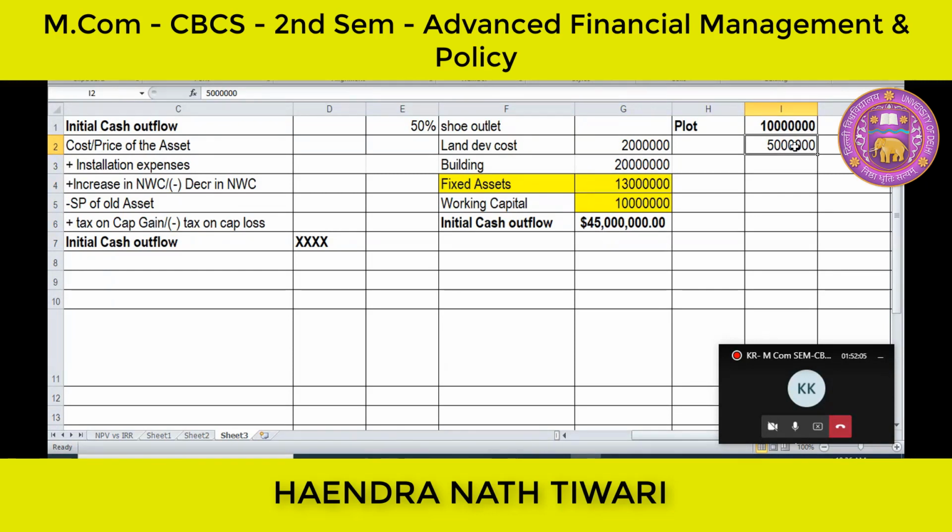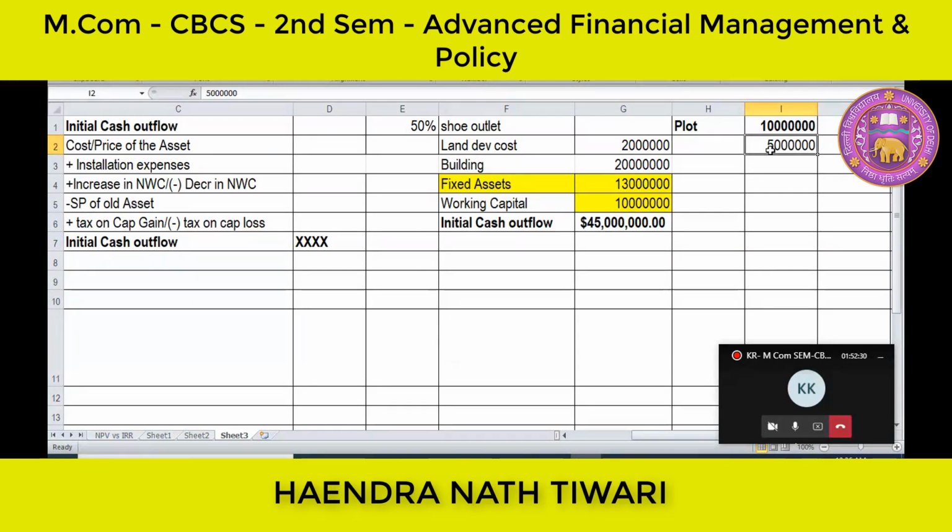So a sunk cost does not have an importance in taking a decision. So I will evaluate my cash flows as against my initial cash outflow of 4 crores 50 lakhs. That is the right answer. This 50 lakhs amount, this is cost.